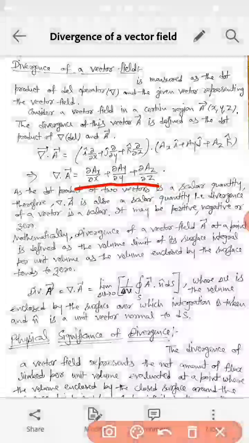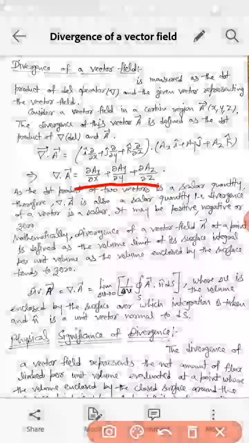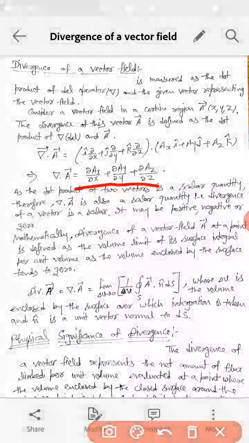So mathematically the divergence of a vector field A at a point is defined as the limit of its surface integral per unit volume as the volume enclosed by the surface tends to 0. This we will discuss later. So mathematically, you just need to remember how we write this term.